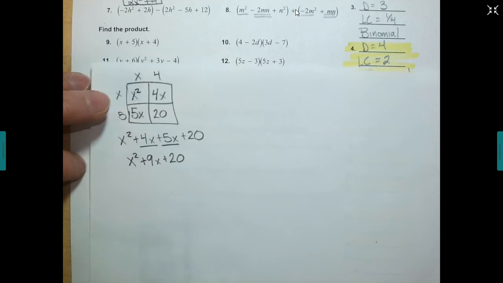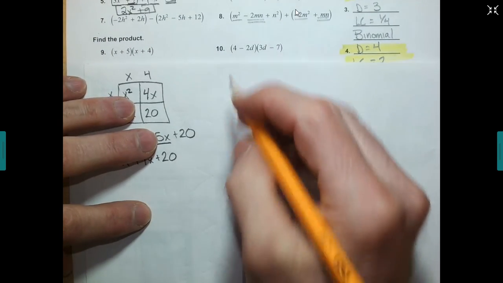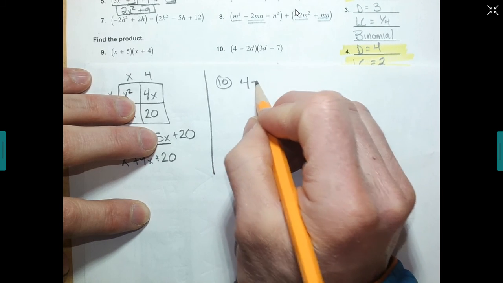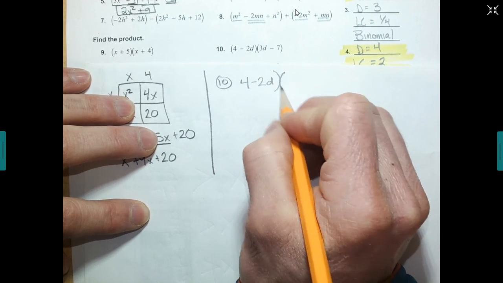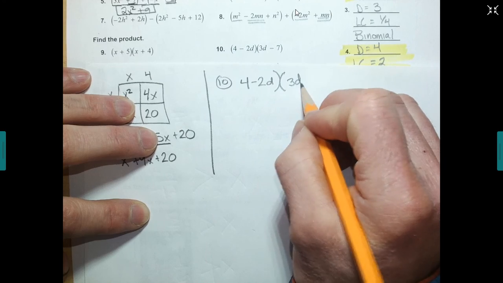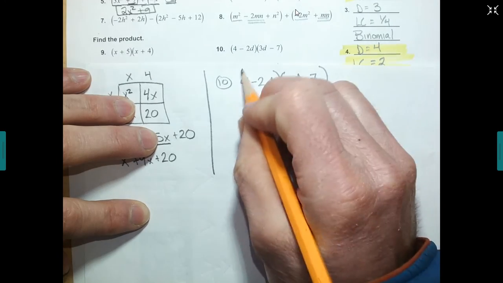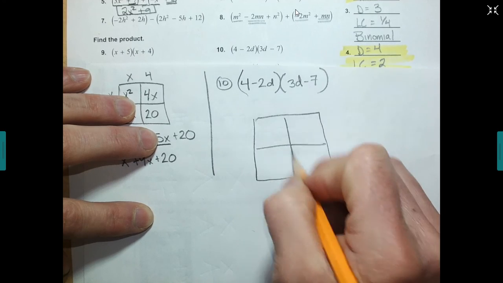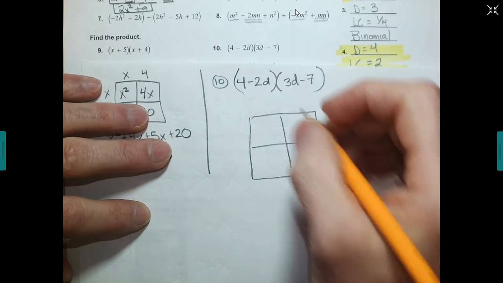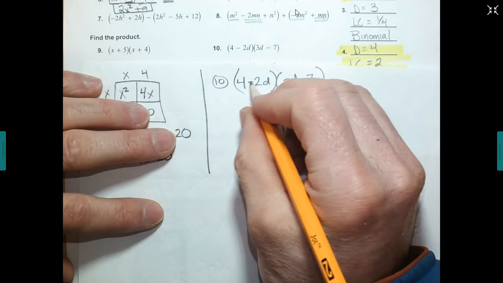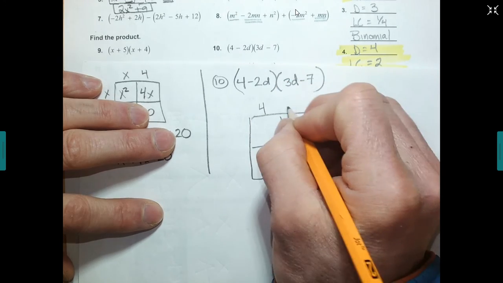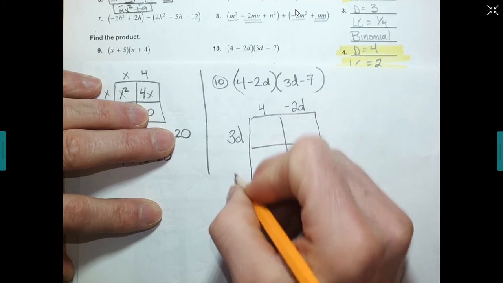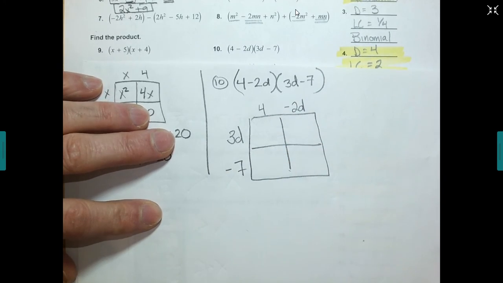All right, number 10. 4 minus 2d times 3d minus 7. I'll write a little bit bigger because I think my numbers are going to get a little bit bigger. Just to mix things up, I'm going to put this on the top. 4 negative 2d, and I'm going to put 3d minus 7.